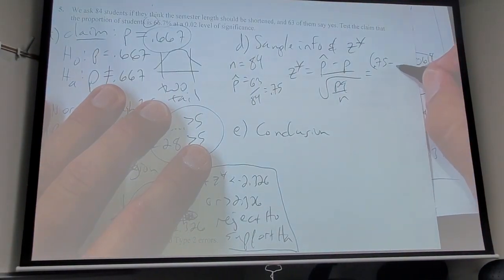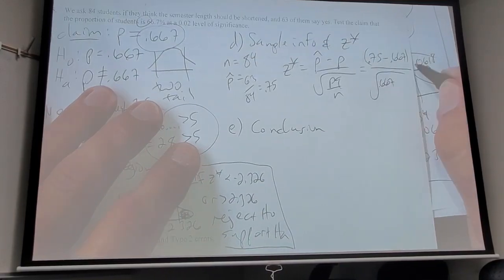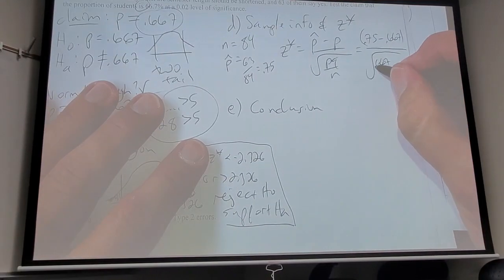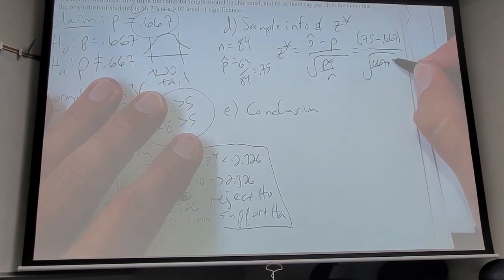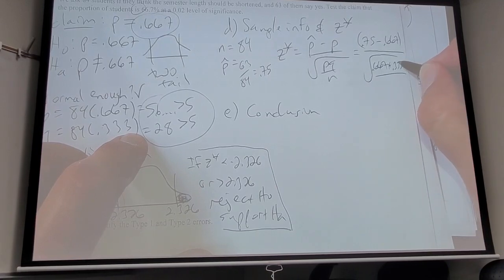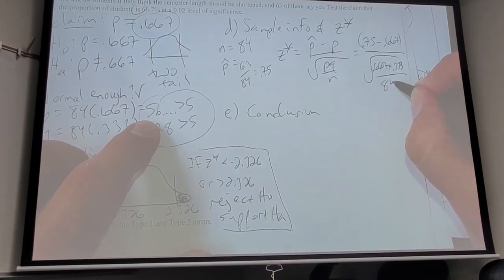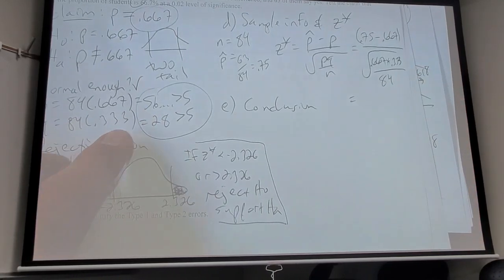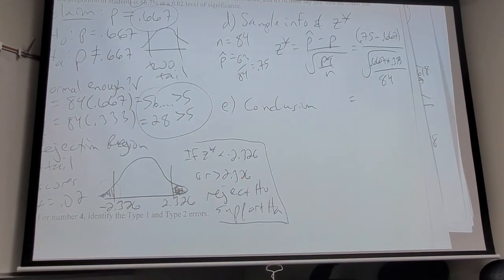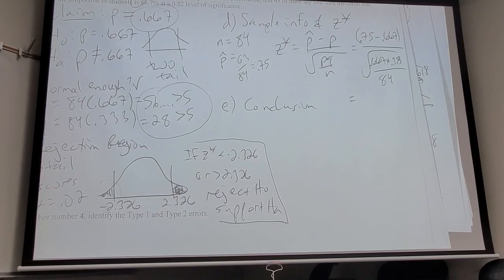0.667. Divided by the square root of 0.667 times, what was it? 0.333 divided by, forgot already, 84. Which is 1.4.